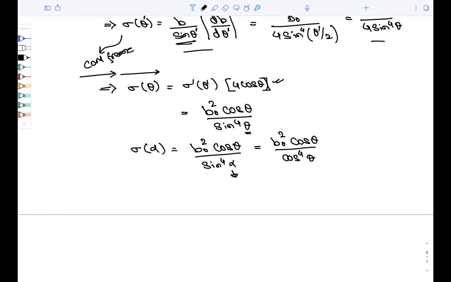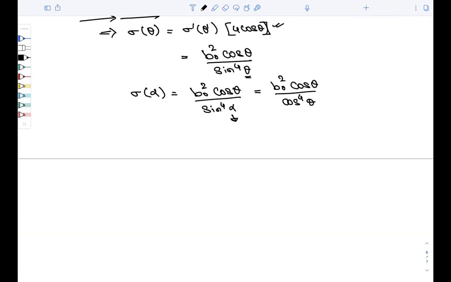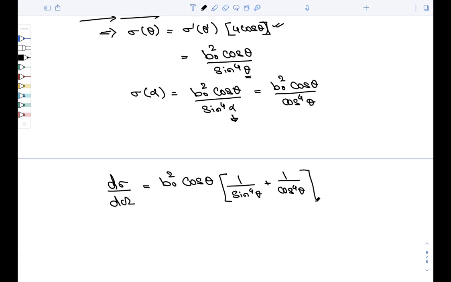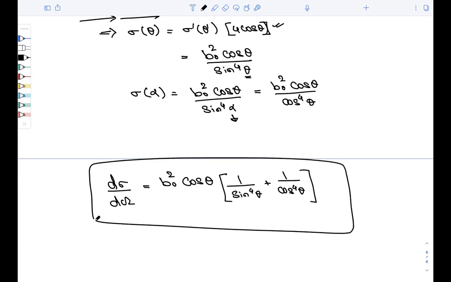So the total cross section area, that is d sigma by d omega, we can simply write as b naught square cos theta times one upon sin 4 theta plus 1 upon cos 4 theta, right? This is the solution that we have got, right?